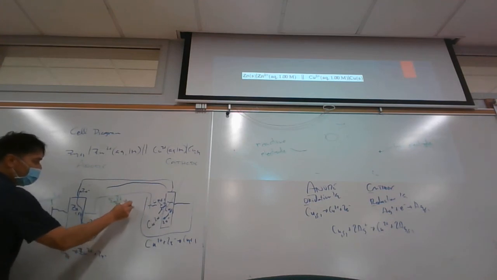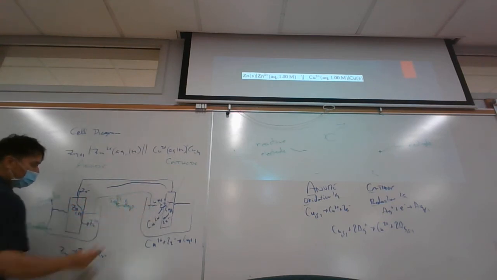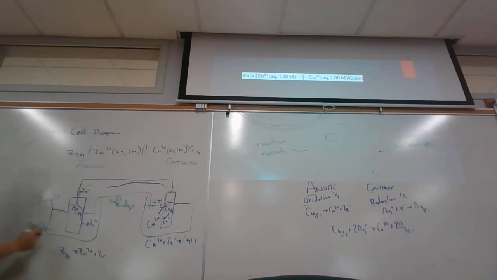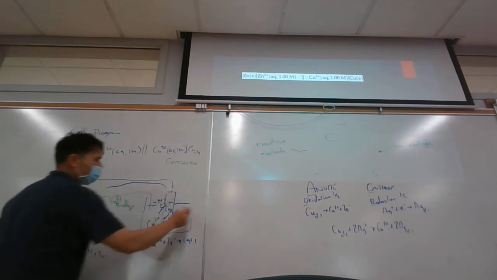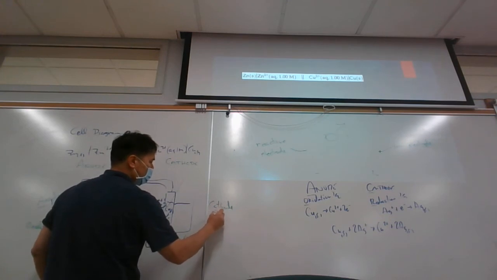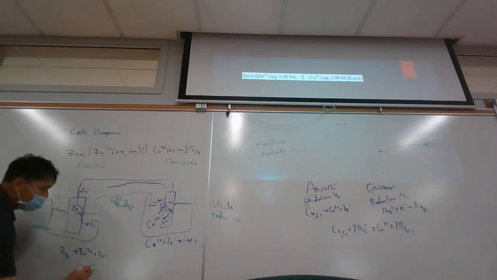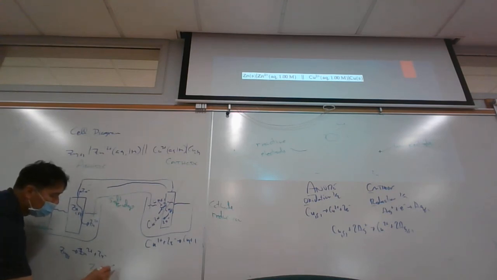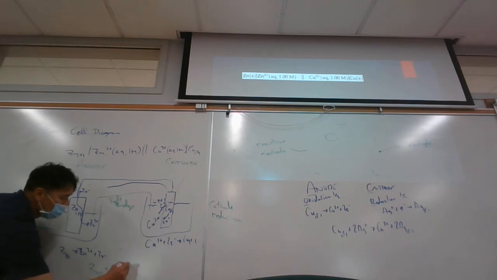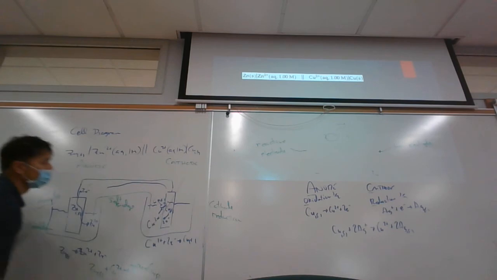In the salt bridge, the anions travel to the anode, the cations travel to the cathode. So this is oxidation. Over here at the cathode, we have reduction occur. And so the net reaction here is going to be Zn solid plus Cu2+ yields Zn2+ plus Cu solid.